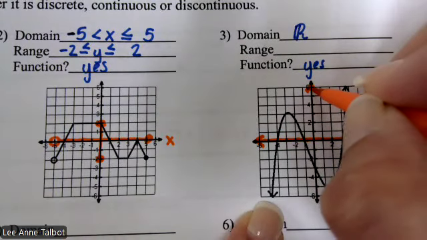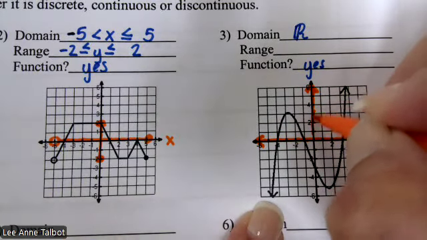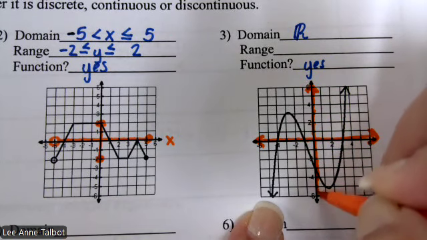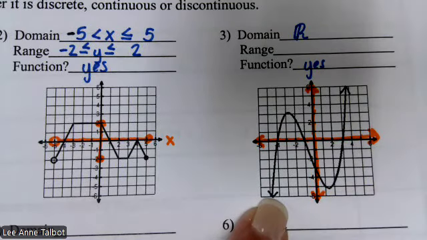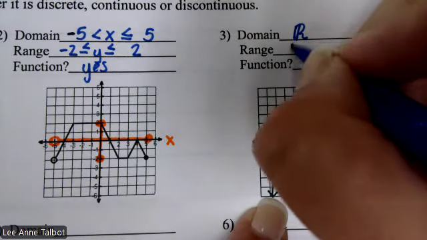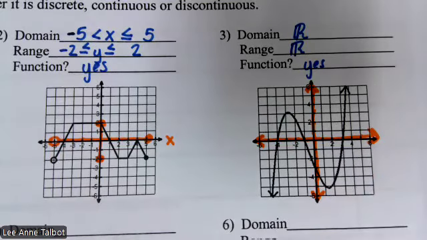And this arrow goes up forever, and the graph goes through here, through here, through here, through here. And this arrow shows it going down forever. So the range is also all real numbers.